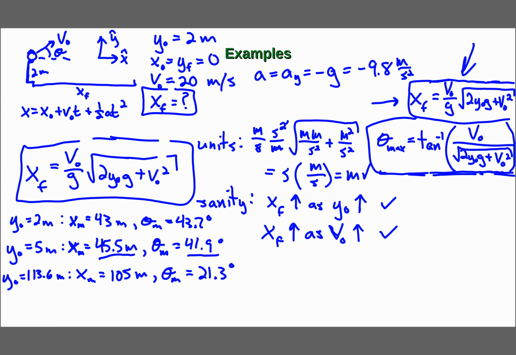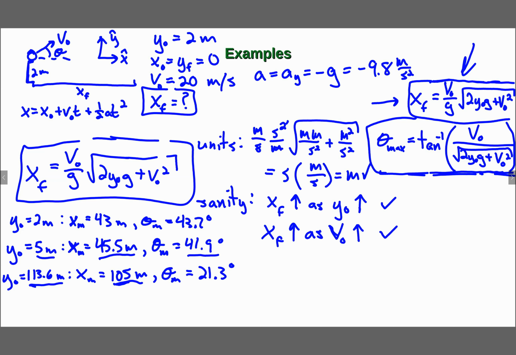But I'm releasing the ball at a point that's like 23 times taller than when I was on top of the roof, but I'm only throwing it a little more than twice as far, right? Twice this would be 91. I'm throwing it 105, so I'm throwing it a little bit more than twice as far, but I'm 23 times as high up as I was.